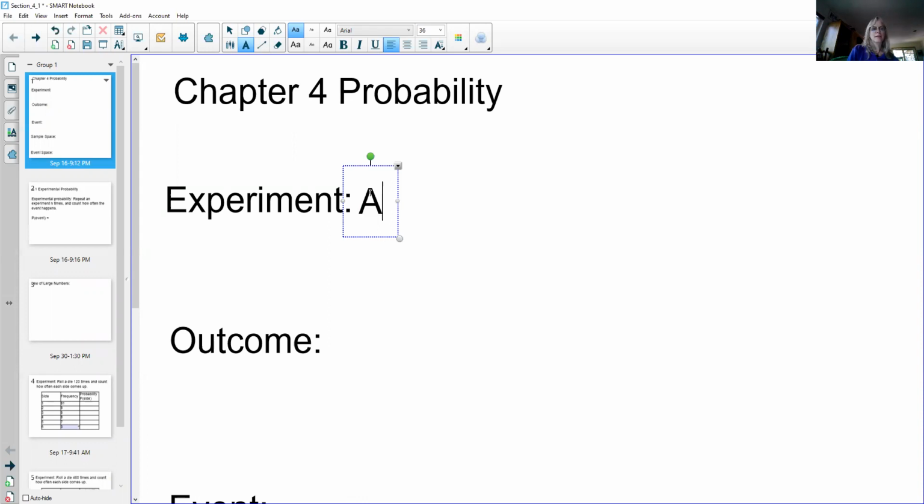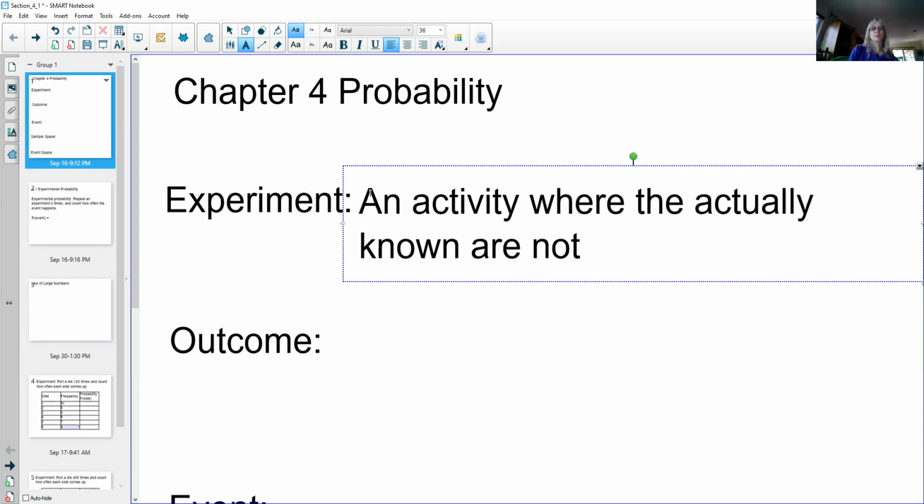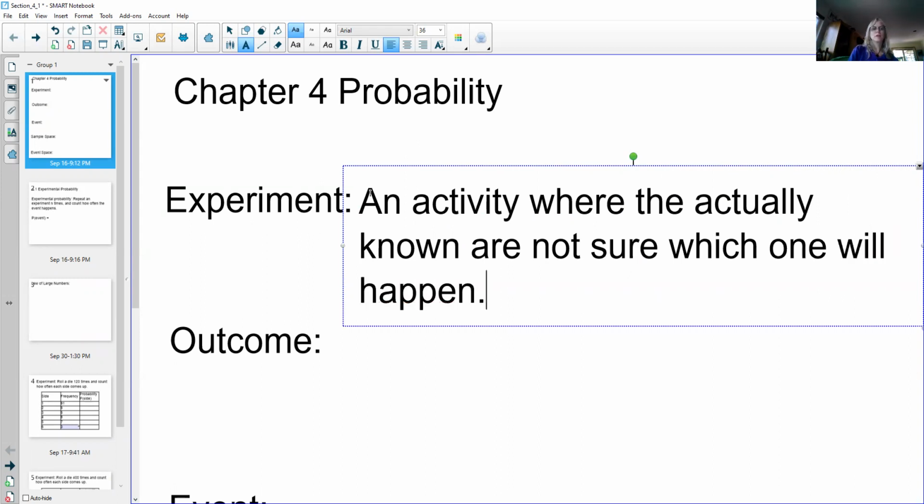An experiment is an activity where the actual known results are not sure which one will happen. In other words, you've got some things you know normally happens when you do an activity, but you don't know which one actually will happen.